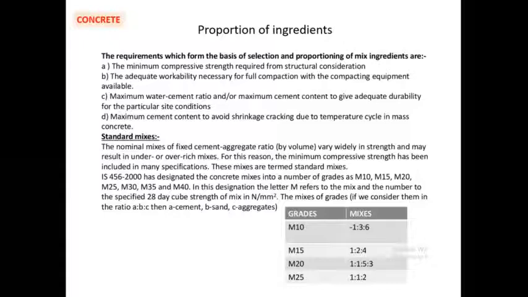You have maximum cement content to avoid shrinkage and cracking due to temperature cycles in mass concrete. So these are some factors which govern or form the basis of selection of concrete grades.